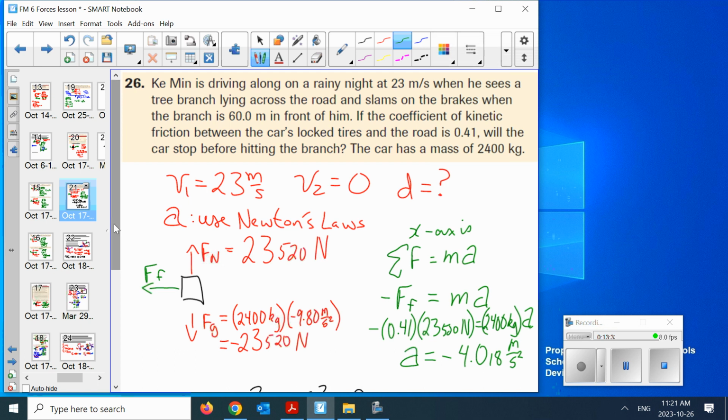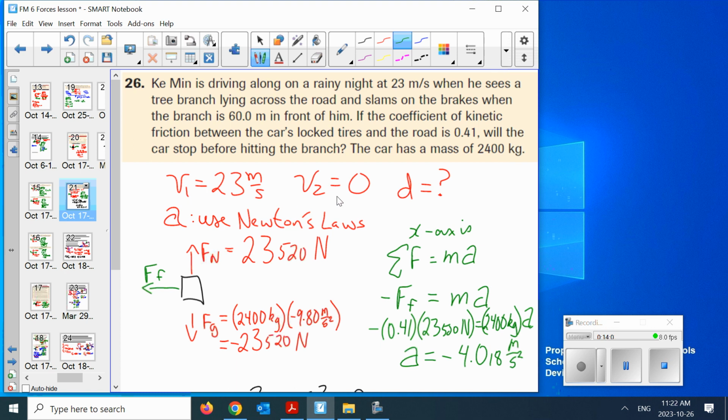Is there any questions at this point? So I would give a mark for the diagram. We'll give a mark for x-axis, sum of forces, plugging that in there, and then mark for plugging in the numbers, finding acceleration. This doesn't solve the problem yet, though. You use that acceleration with the initial speed of v, 23.